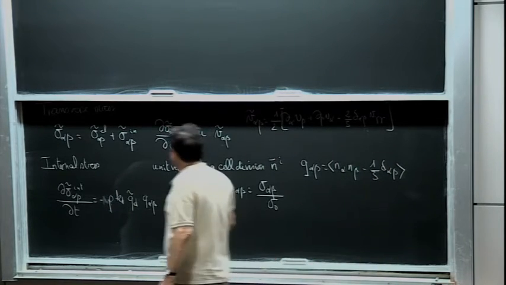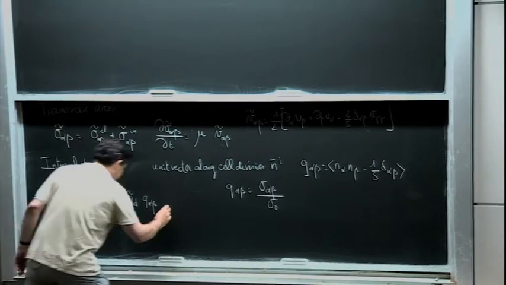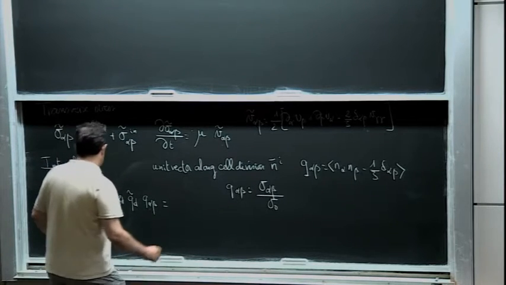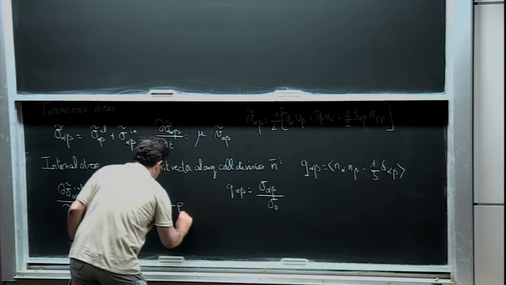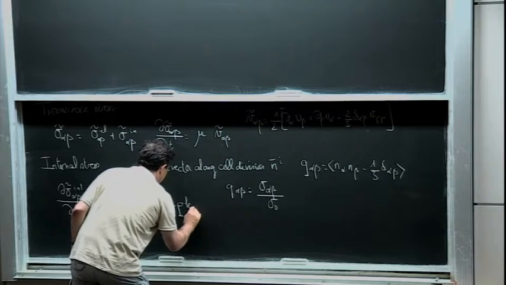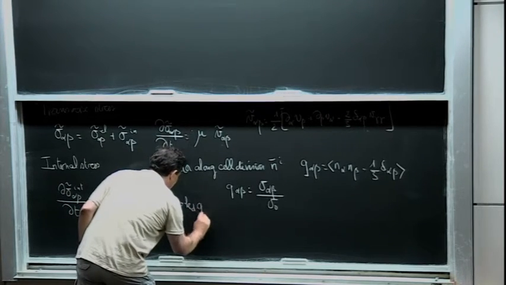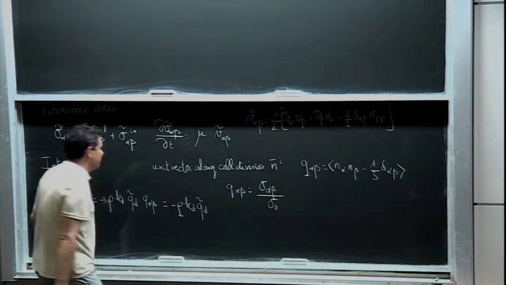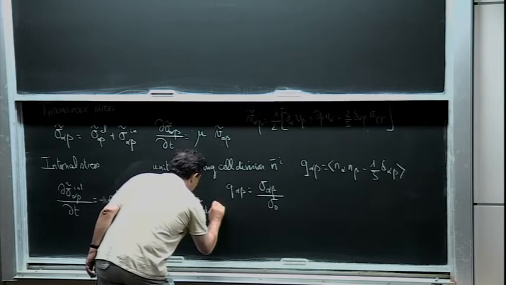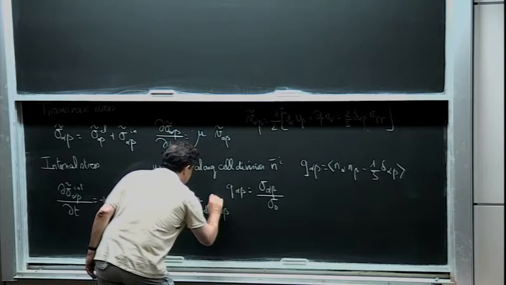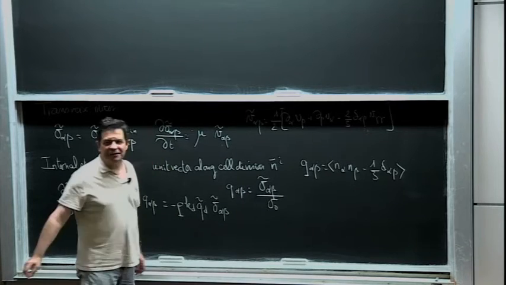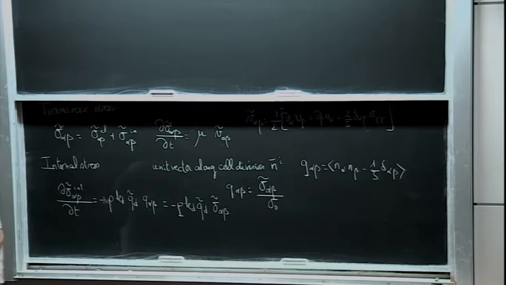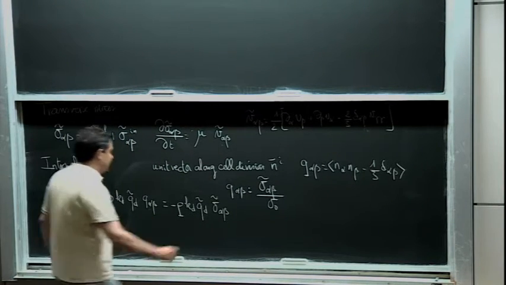Now I can write that here. So it tells me that this is equal to minus rho kd qd sigma alpha beta. So I should put a tilde here because, again, I need a traceless tensor. And I have sigma naught.